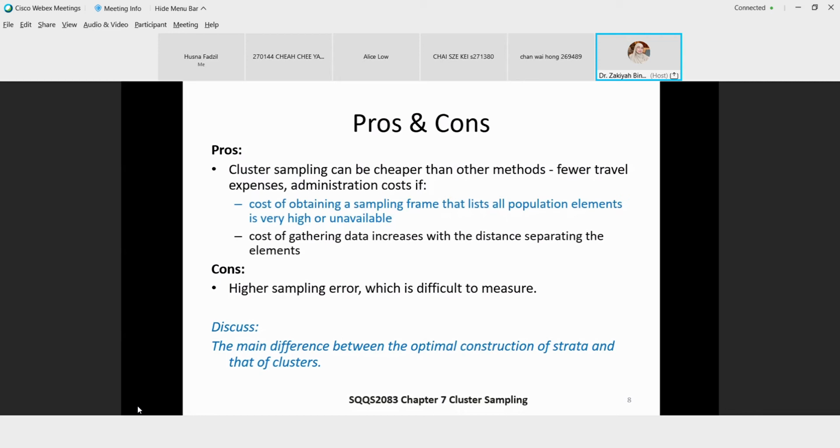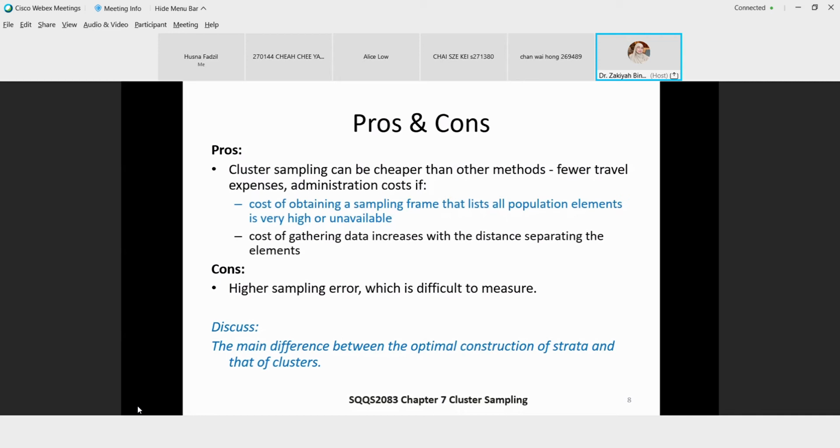Okay, so next, how about the disadvantages? If not well conducted, it could lead to higher sampling error. Okay, and in that case, it will be difficult to measure.